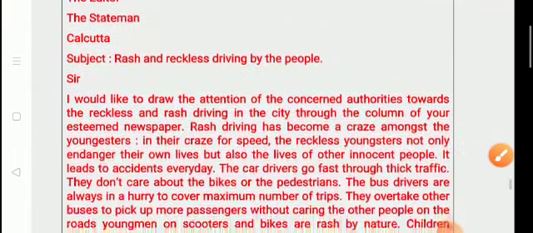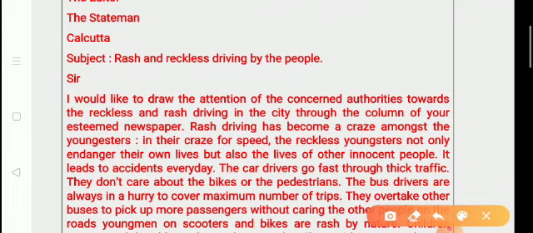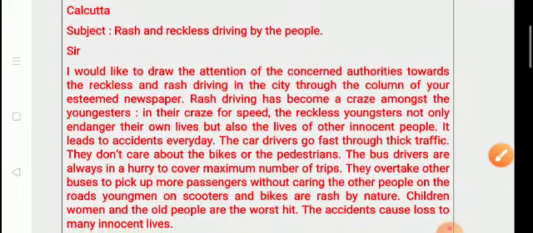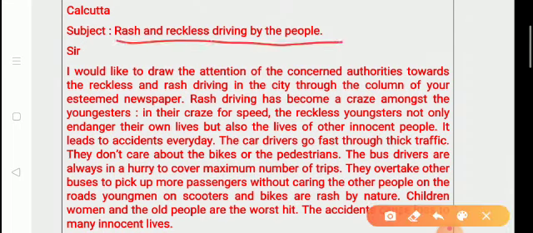This is the issue on which you want to write a letter to the editor, and you have got this issue from the question. You can start directly also. In the first letter we have written through the columns of your esteemed newspaper, but here you can directly start.